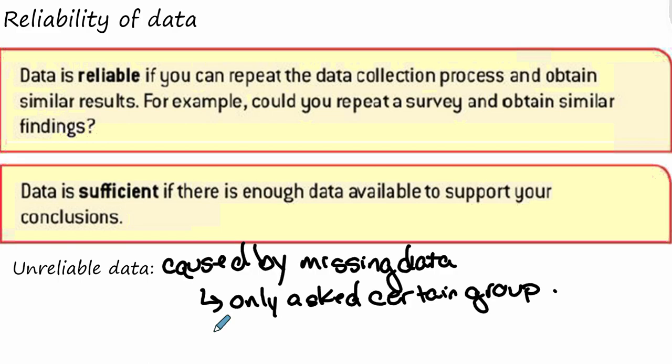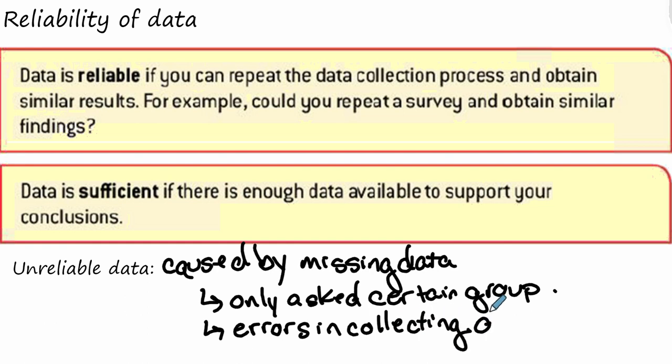We also can have errors in collecting data. Maybe whatever it is that we're collecting, we gave it out, I'm trying to think of an extreme case, in versions of green, so anyone who's colorblind would have a hard time being able to answer it because they can't read that part of it.